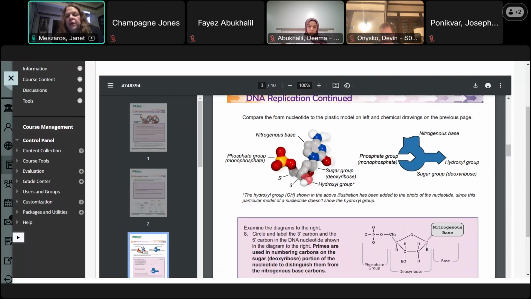So here's the phosphate group, and again, remember, this is a whole nucleotide. This is a nucleotide too, okay? So this over here would have to be the 1' carbon, because here's the base, okay, right? If this is the 1' carbon with the base, A, T, C, or G, that would have to be here. This is the 3' carbon with the hydroxyl, so this would be right here, okay, the 3' carbon. And then the 5' carbon would have to be here because this is the phosphate group.